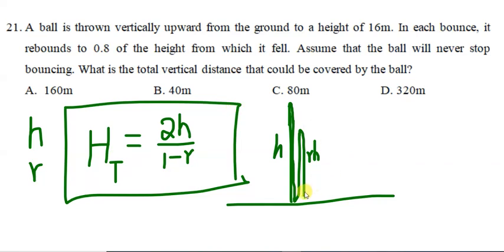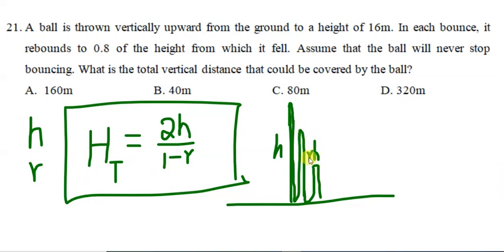And again it rebounds. Once it hits the ground, it rebounds upward again to a height R times this one. This time it rebounds from this height. The height from which it falls is RH, and therefore the next height must be R times this height.